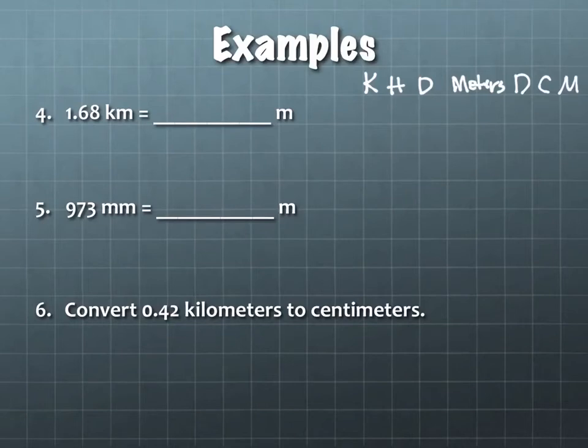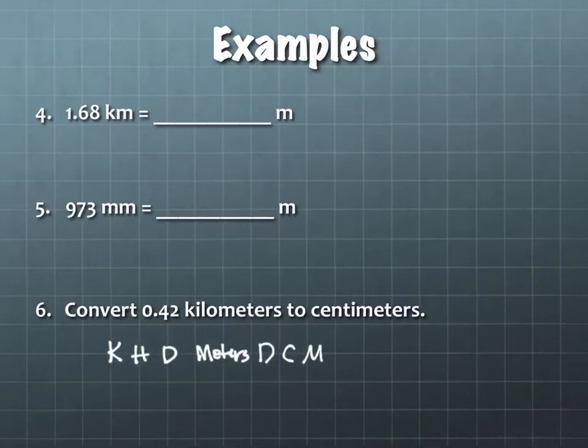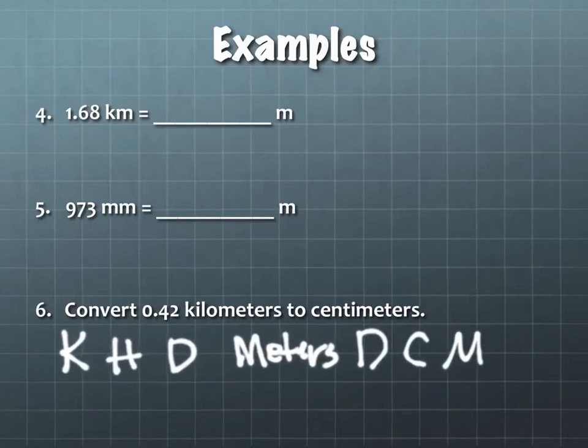So we had this idea. In fact, I'm going to put this really large on the bottom. And we talked about how we can move our value left and right, and it moves the decimal point left and right. So if we're starting with kilometers, 1.68, we can literally put 1.68 in the kilometer column.